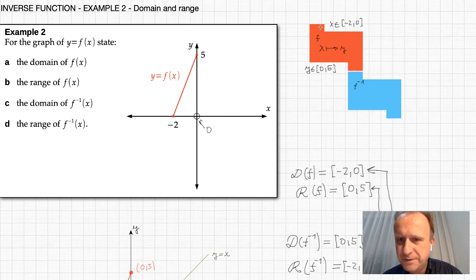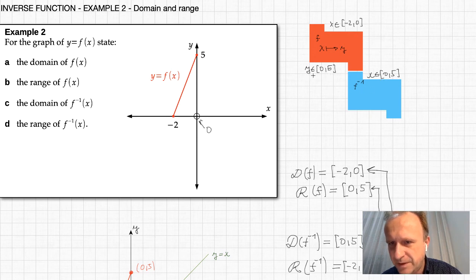If the original function f had the numbers from the interval -2 to 0 at its input, and at the output appeared the numbers from 0 to 5, then the inverse function should reverse this process. So at the input should be exactly those numbers which are at the output of f. So here we should have x in the interval of 0 and 5. This should be the domain of the inverse function.